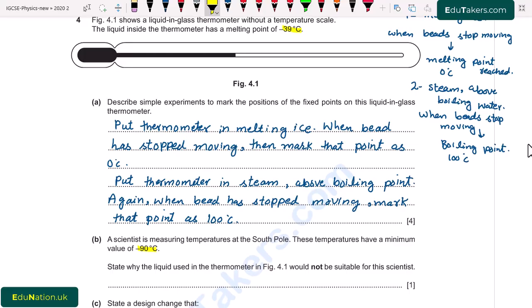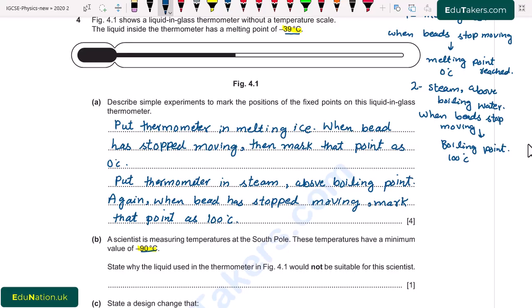So we have to explain the reason. Now from part A, we can see that the melting point is minus 39 degrees C. And if this is brought to the South Pole, where the minimum temperature is minus 90 degrees C, at this temperature it's going to freeze and would not be in a liquid state.